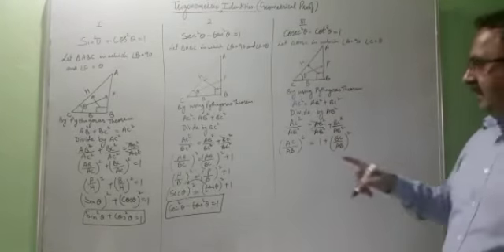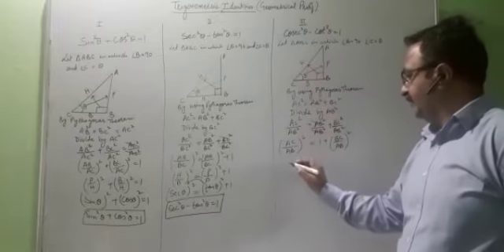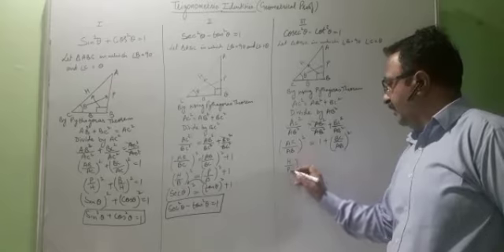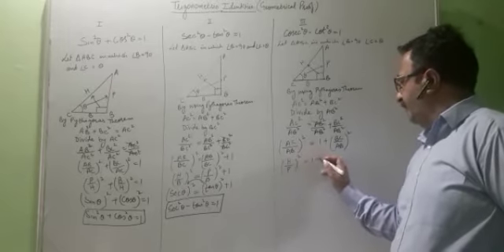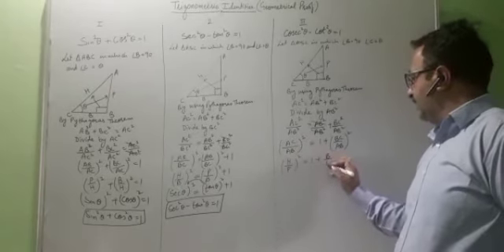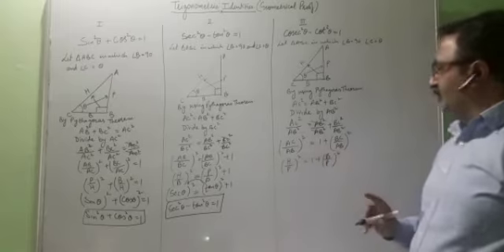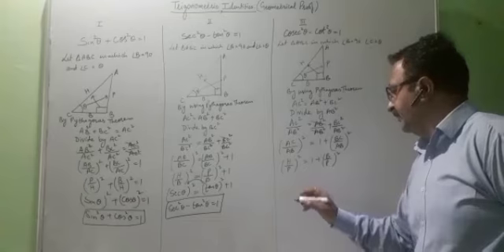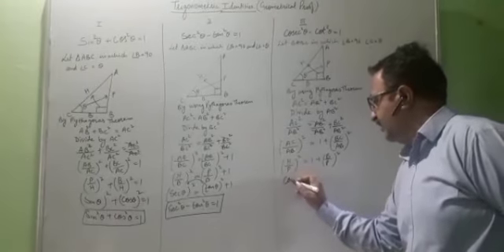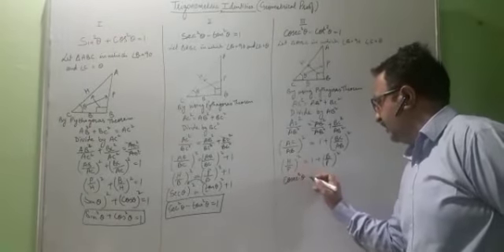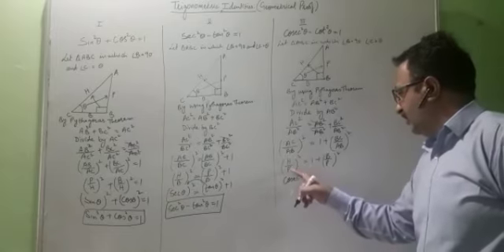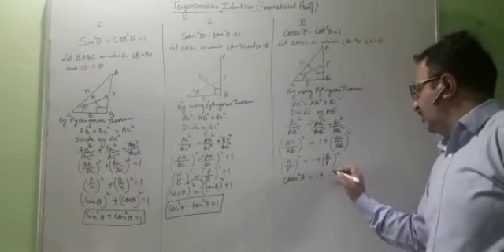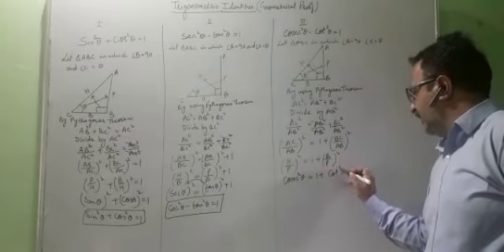Now AC is hypotenuse, AB is perpendicular, BC is base, AB is perpendicular. Now according to Pandit Badri Prasad, H upon P is cosec square theta equals 1 plus cot square theta.